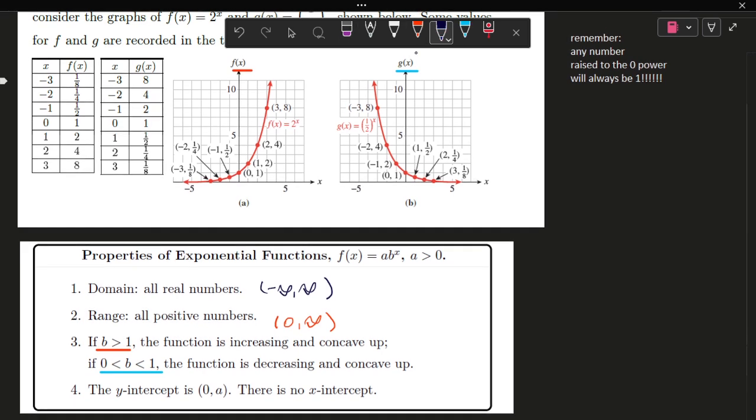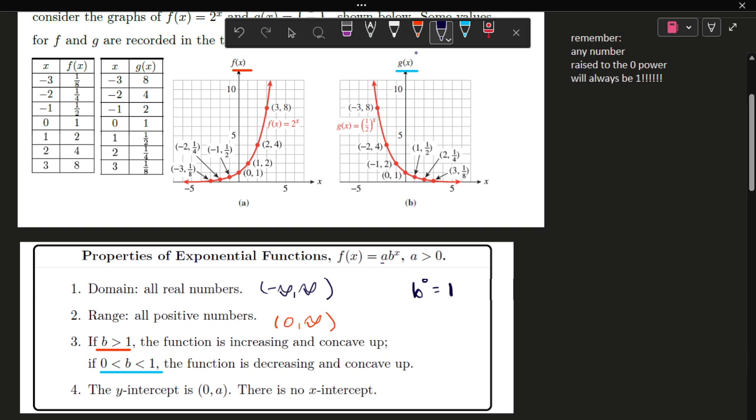And then, as mentioned earlier, the y-intercept is (0, a). So remember, 0 is your input, and then a is the number right here outside the multiplier. It doesn't matter what number b is, b raised to 0, which is our input, is 1.